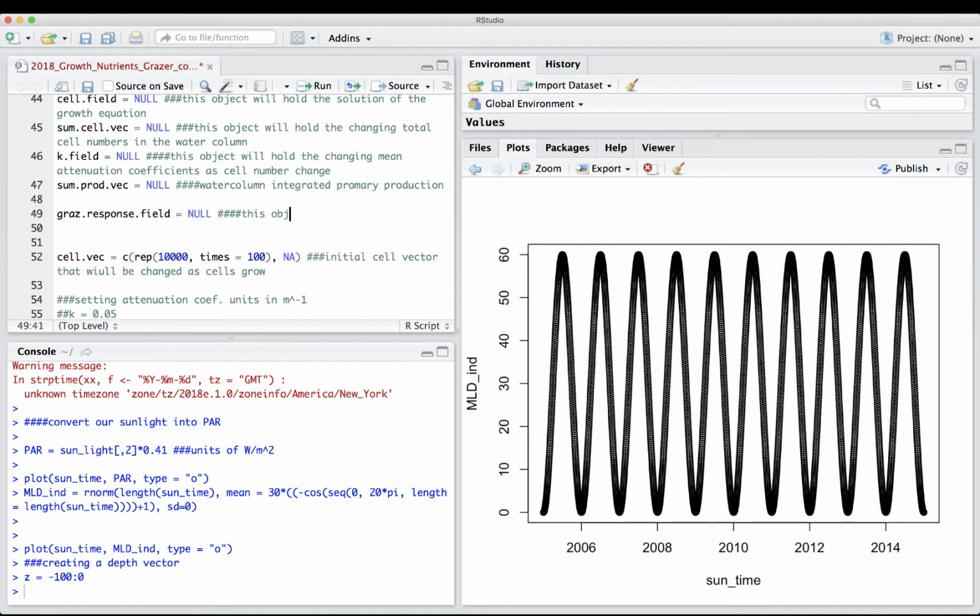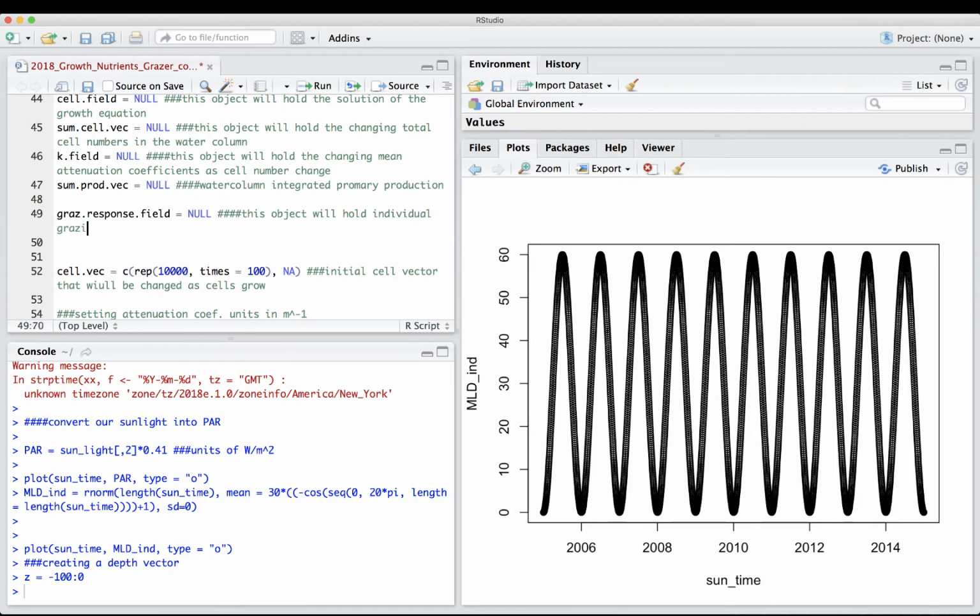So this object will hold individual grazing responses to the cell field. This is the functional response. All right, and that's going to be the result of a Michaelis-Menten function.